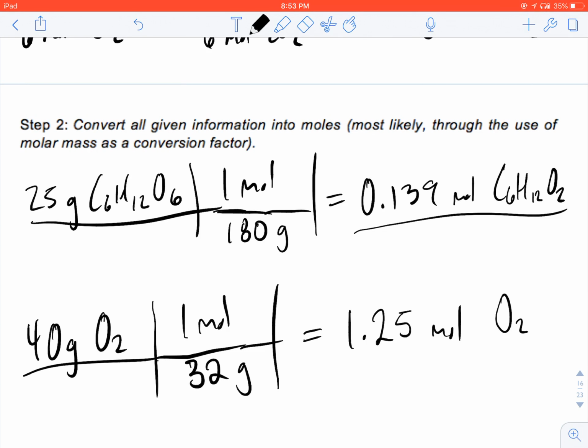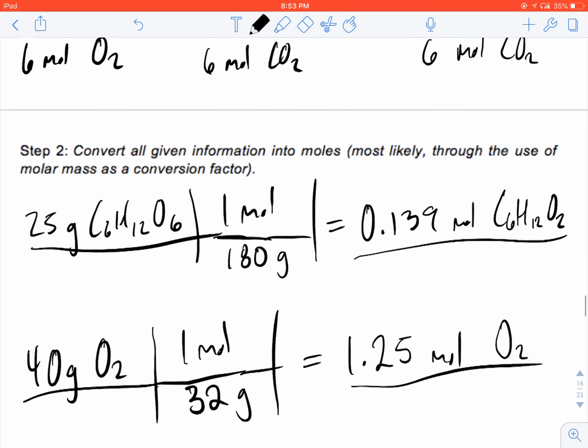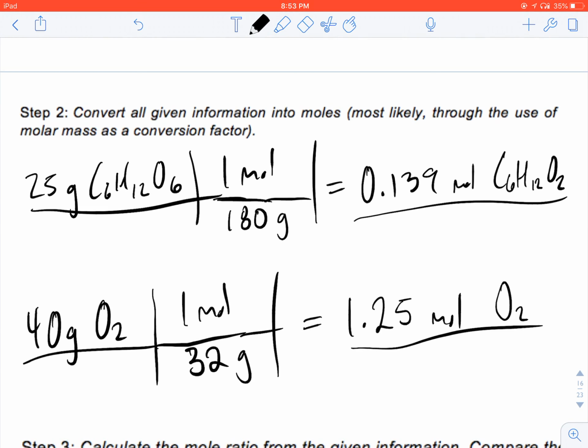All right, so now we know the amount of moles of each component that we are given. Okay, so we're getting closer to determining which one of these is our limiting reactant.